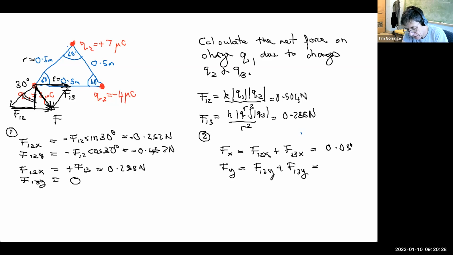There's a small x component in the positive x direction. And then for the y components, well, the y component of the first vector is minus 0.437 newtons, but there's no component of the second vector in the y direction. So this is just 0.437 newtons.